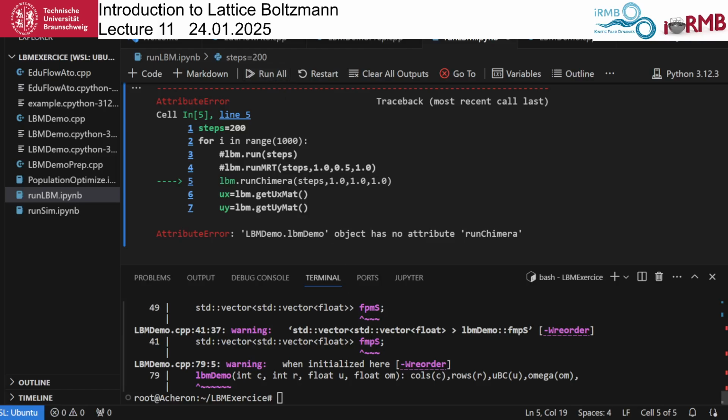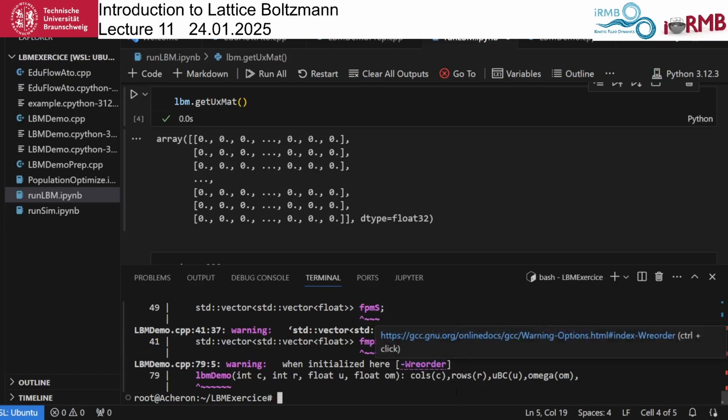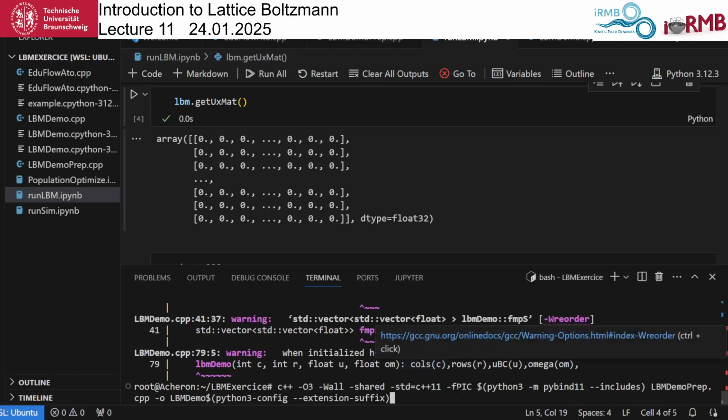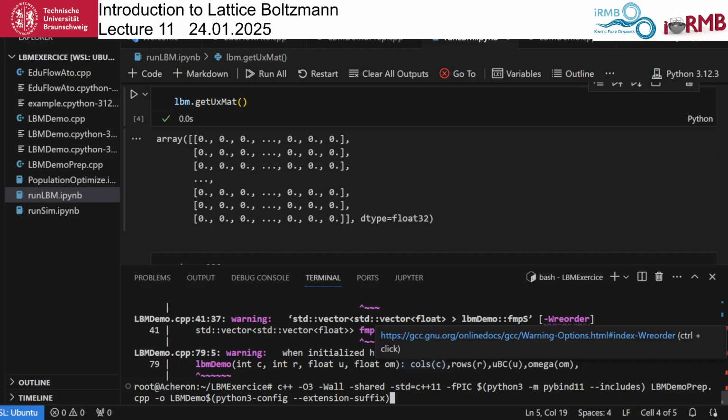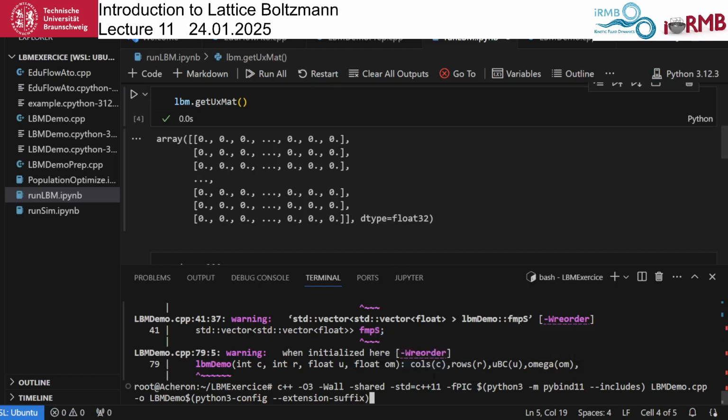I suppose that there is still something why it does not run. There might be still something with the brackets. Okay, I'll... But it apparently compiled.